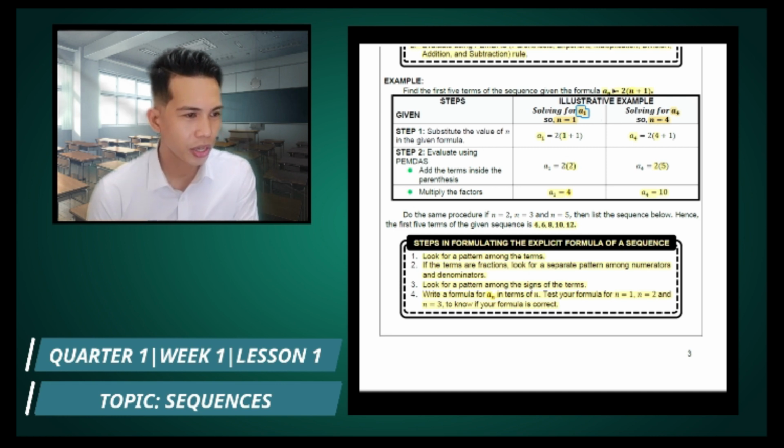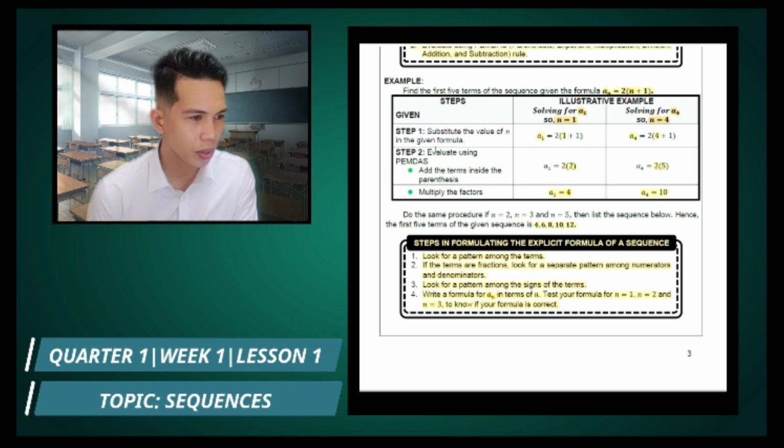And then by changing the value of n into 1, you also have to change this n inside the parentheses into 1. Now you have this equation. A sub 1 is equal to 2 times 1 plus 1.